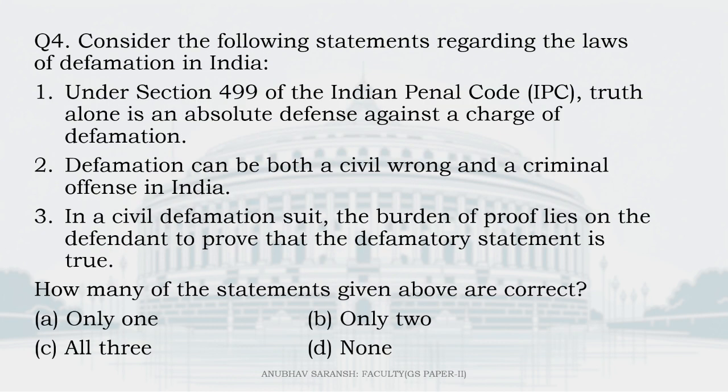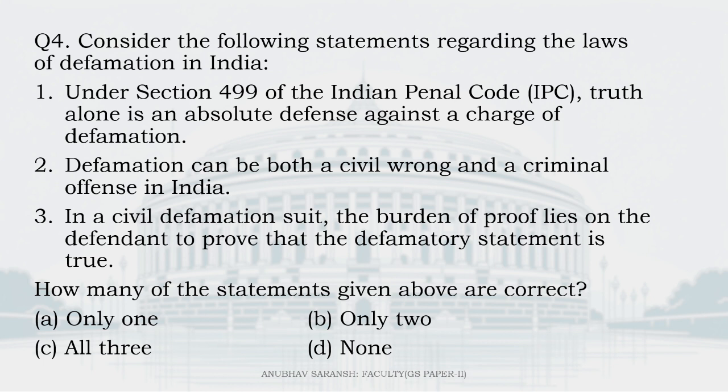Consider the following statements regarding the laws of defamation in India. Under section 499 of the IPC, truth alone is an absolute defense against a charge of defamation. Number 2, defamation can be both a civil wrong and a criminal offense in India. And number 3, in a civil defamation suit, the burden of proof lies on the defendant to prove that the defamatory statement is true.